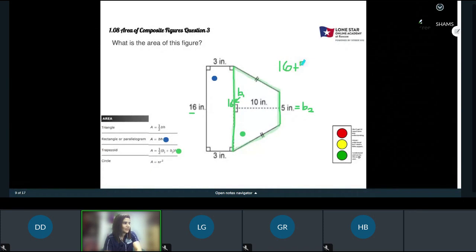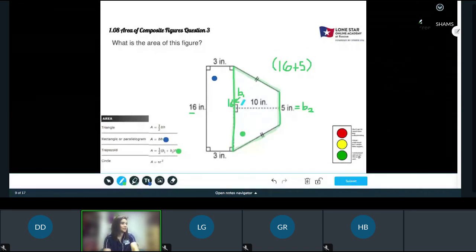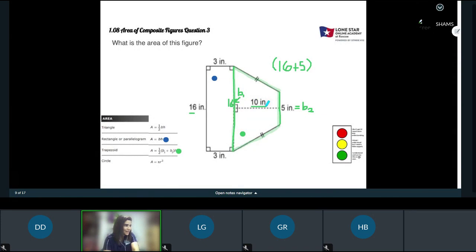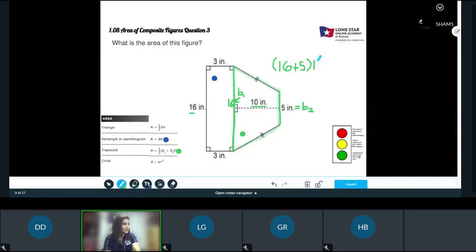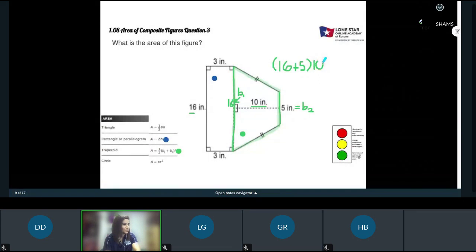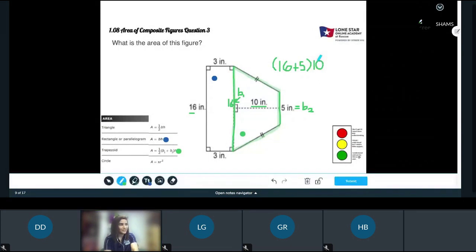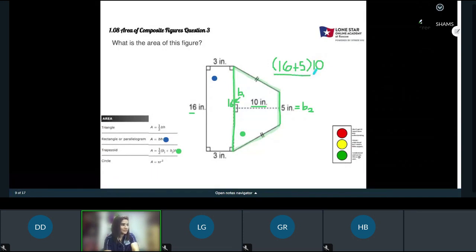Then I will multiply it by the height of my trapezoid. Height is at a right angle. It is the distance between the two bases, and 10 is the height of the trapezoid. Then I will multiply it by 10. So 16 plus 5 is 21, times 10, 210.